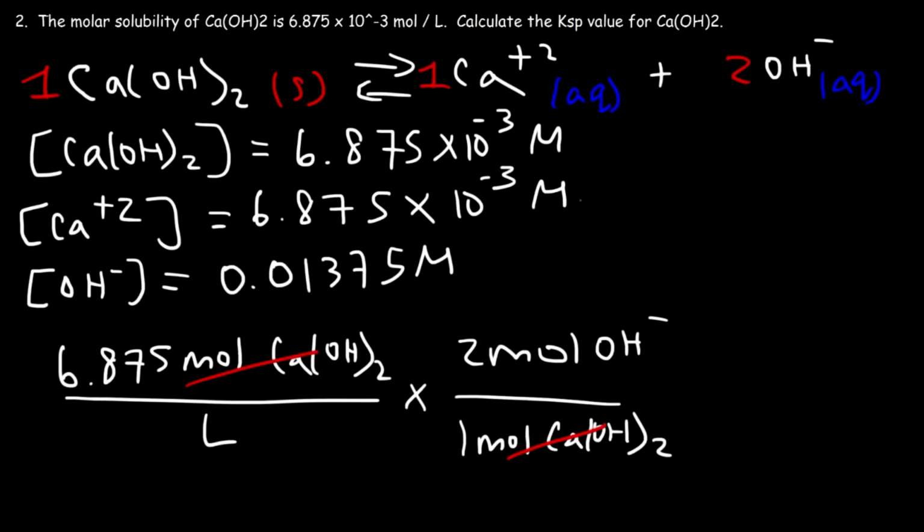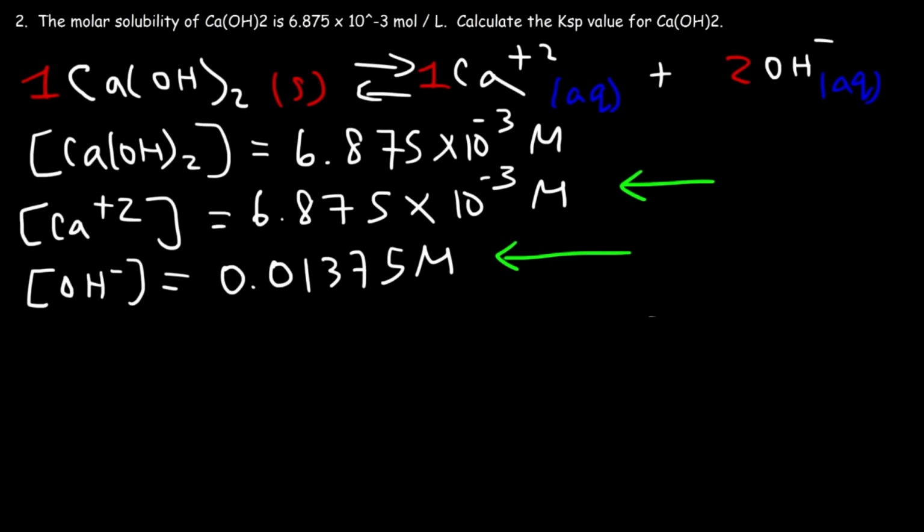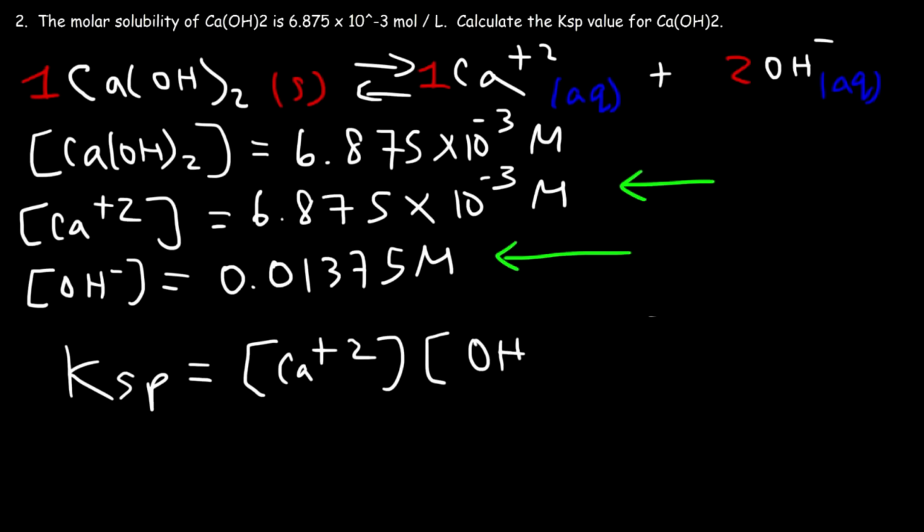So now that we have the equilibrium concentrations of calcium and hydroxide, we can now calculate the Ksp value for it. And so Ksp, based on this reaction, is going to be equal to the calcium ion concentration multiplied by the hydroxide ion concentration, but that's going to be raised to the second power. Keep in mind the coefficients turn into the exponents in the equilibrium expression.